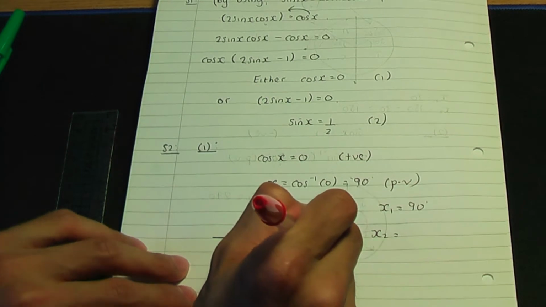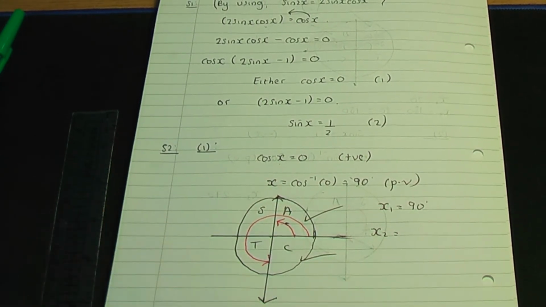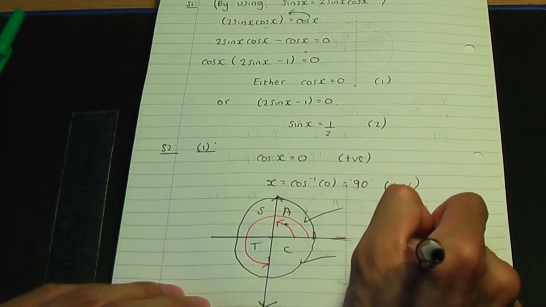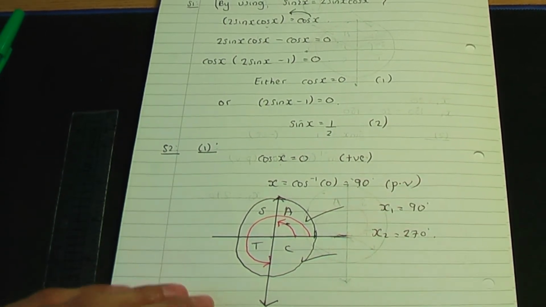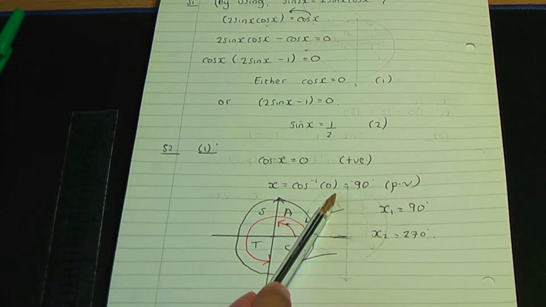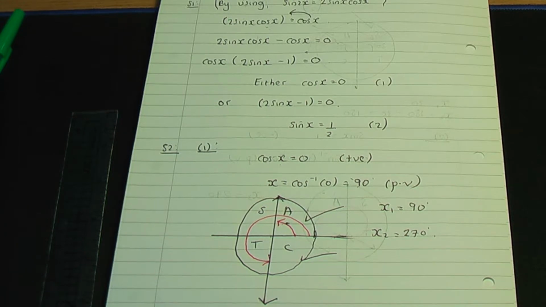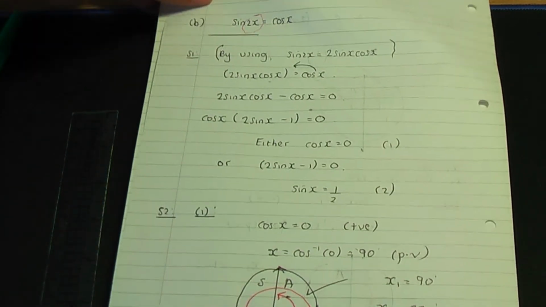From the initial line in the anti-clockwise direction until we strike that second line is 270 degrees. So we've got two solutions for equation 1, but don't forget we have another equation to solve, equation 2. So a new page, I think.